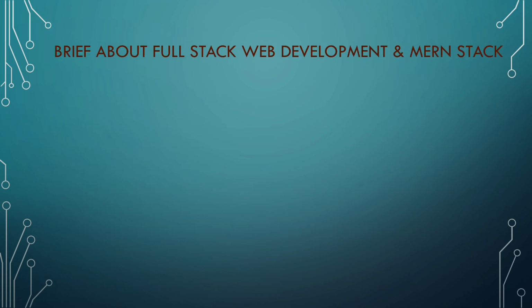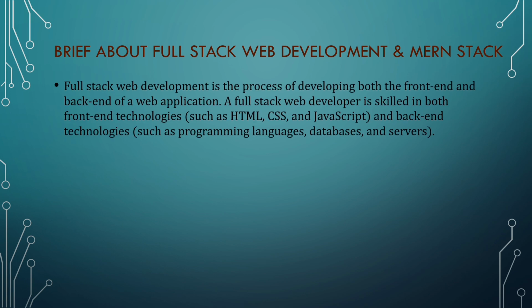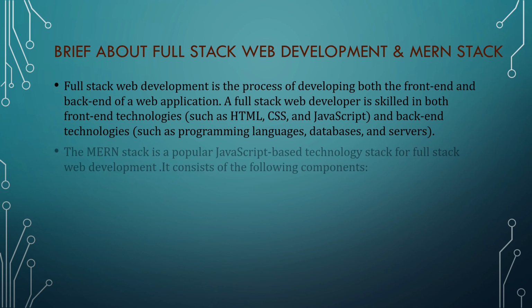Then a brief about full stack web development and the MERN stack. Basically, full stack web development is the process of developing both the front end and back end of a web application. A full stack web developer is skilled in both front end technology such as HTML, JavaScript, and CSS, and back end technology such as programming languages, databases, and servers.